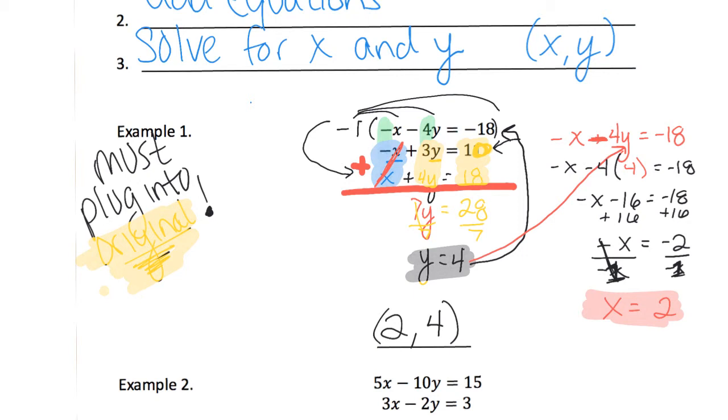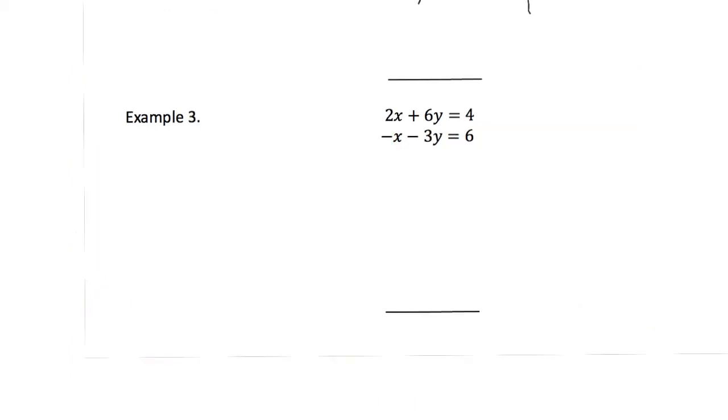Okay, so hopefully that made some sense. We're going to look at the next example, though, and hopefully that'll help. I actually want to look at example 3, because example 2, you're going to go back and do it. So example 3, again, our first step is to either get our x's the same coefficient but opposite signs, or our y's.